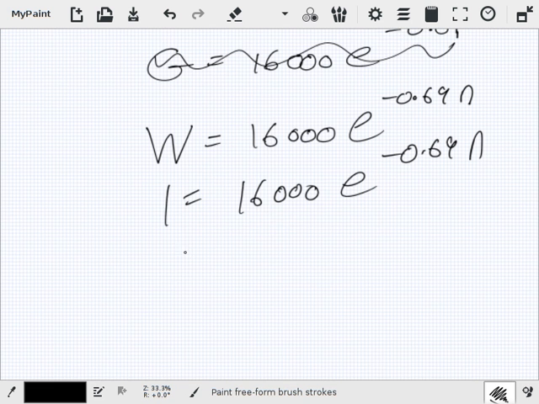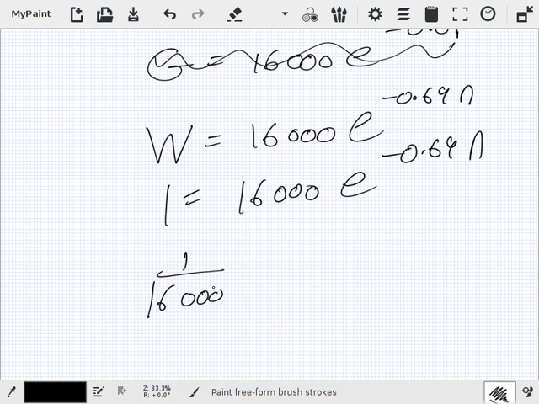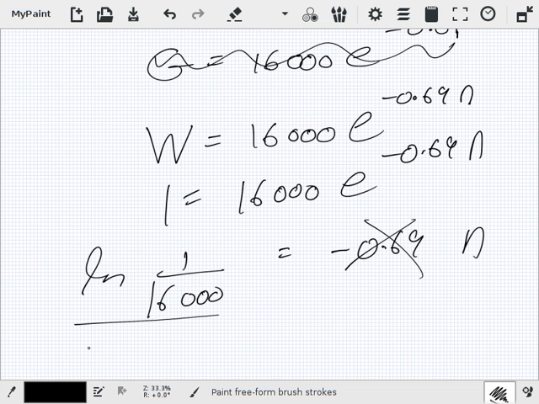Let's solve this. Log. What do you got here? Minus 7.5.